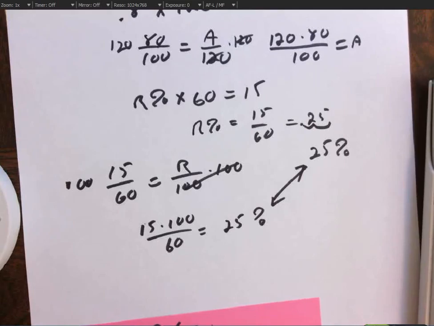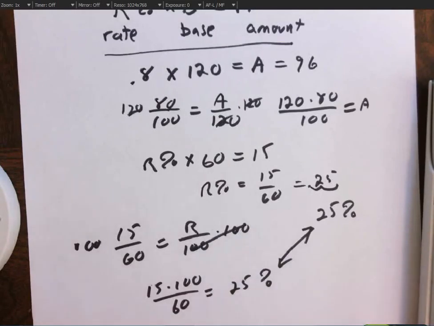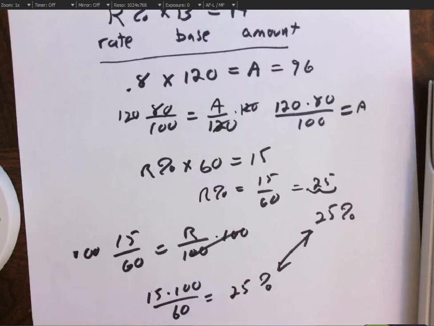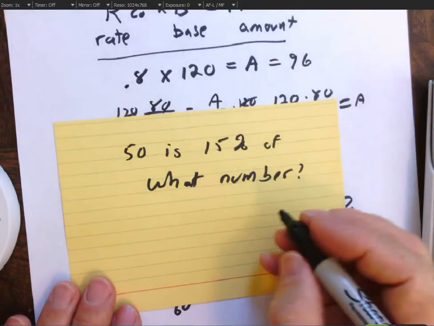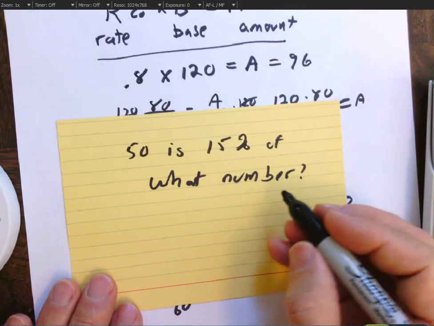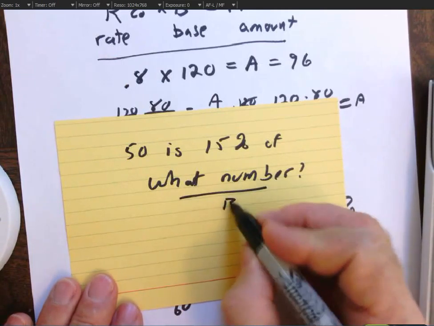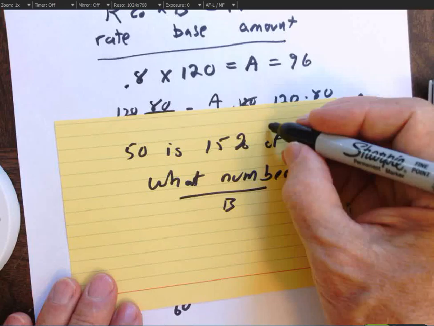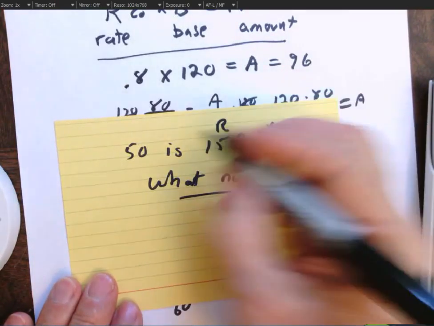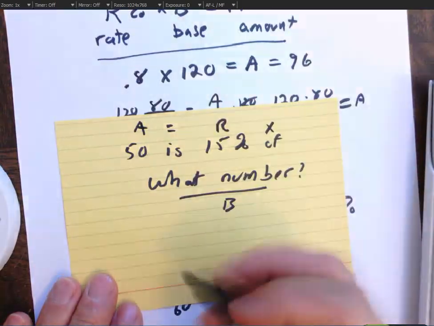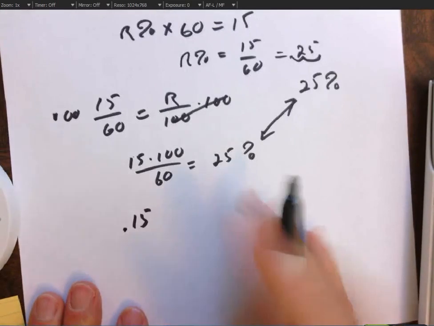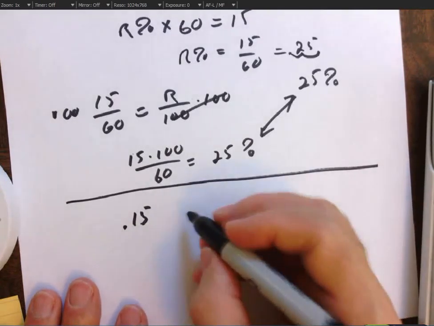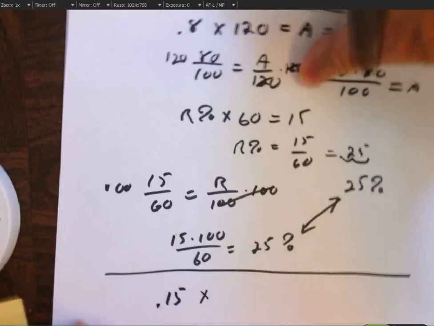Okay. The third kind of problem is, 50 is 15% of what number? So 50 is, what we don't know now is the base. Percent of what number? So 15% times the base is some amount, okay? So our equation looks like 15%, decimal form it's 0.15, times, let me fold the paper so you can see this better.